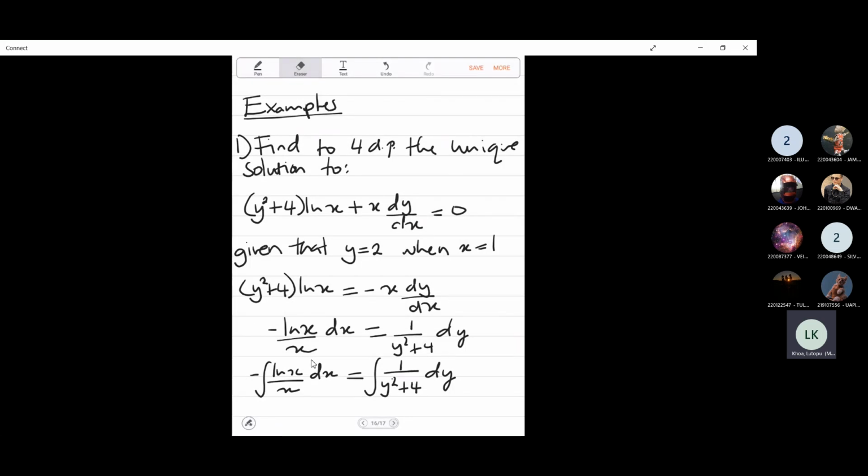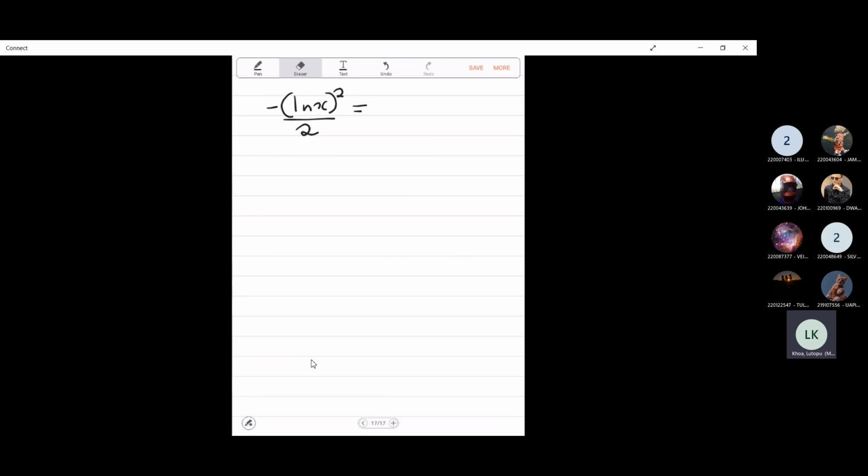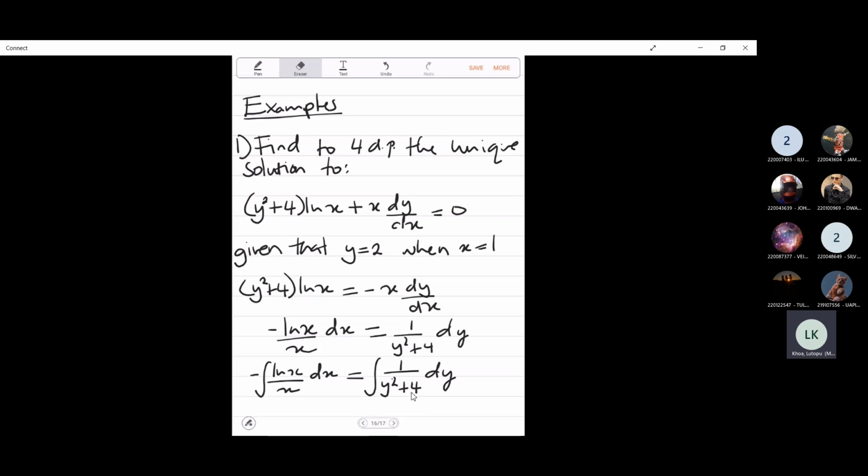Okay, then on the right hand side, I can rewrite this, I should be thinking tan inverse, but with tan inverse this has to be a 1.